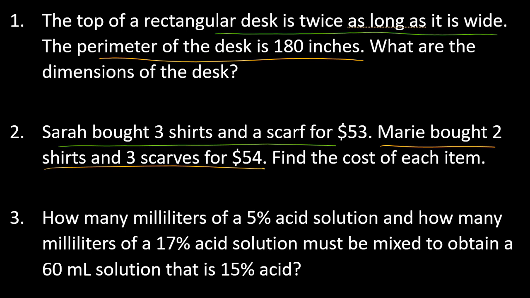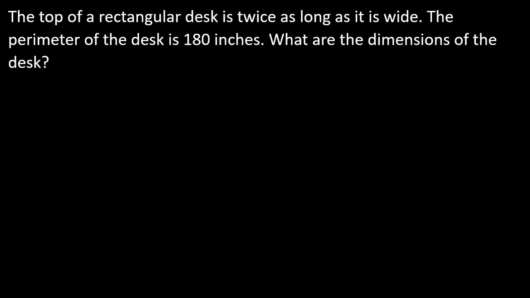One, it's talking about getting to 60 milliliters of a solution, and then it's also saying that the solution has to be 15% acid. So each one of these has its own situations, and that's one of the key things you want to break out when you're doing word problems with systems.